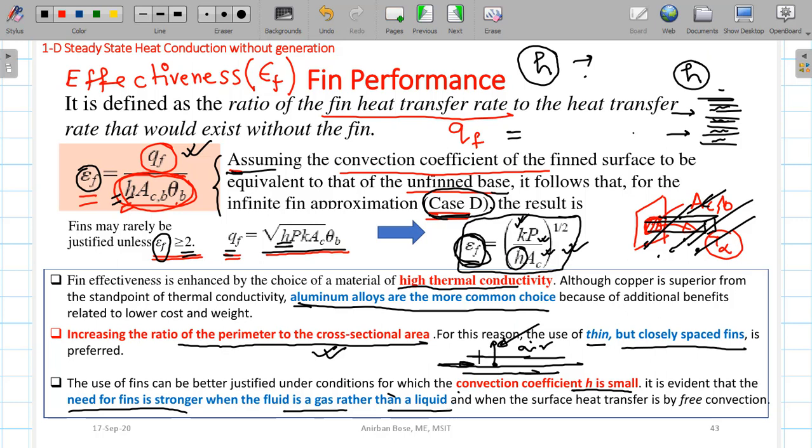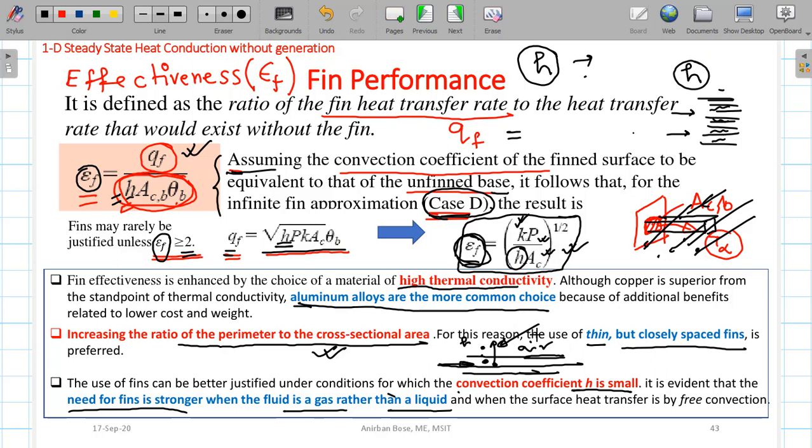Now in this case, you have two choices of using fins. Either you can put fins outside the tube, or you can put fins inside the tube. Okay, so now inside it is liquid, outside of the tube it is air. On which side will the fin be more effective? Fin will be more effective where the convective coefficient is less.